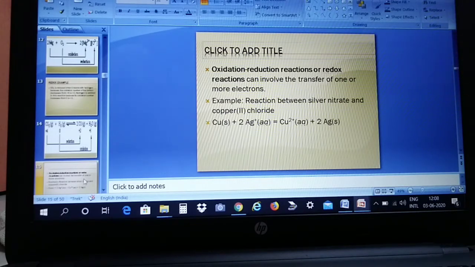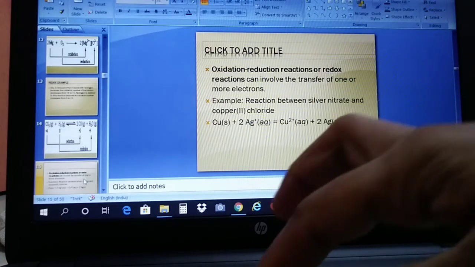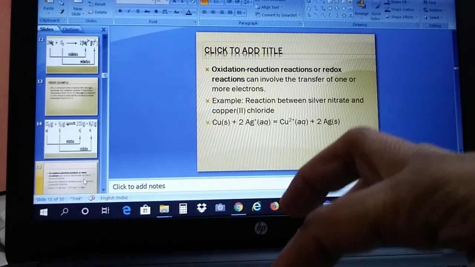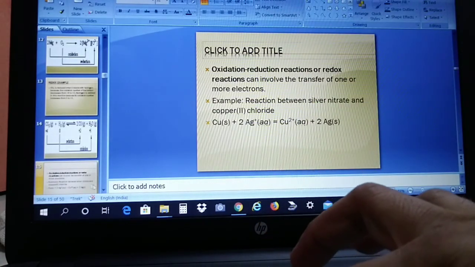So you have to take down this reaction. Here we are not writing the other part, only the elements involved in the reaction. Cuprous chloride plus silver nitrate reacting to give you Cu2+ plus 2Ag. Please take down this reaction, children.